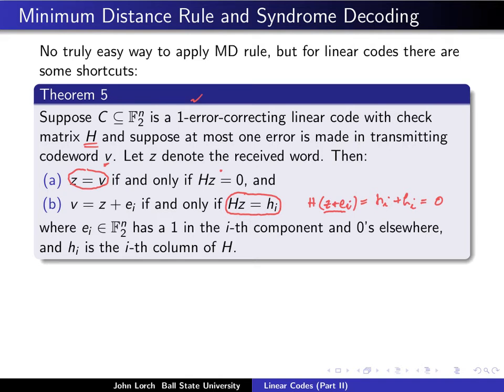And so the only way that the distance between Z plus E_i and V can be less than or equal to 2 is if they're equal words to begin with. And likewise, if you assume V is equal to Z plus E_i, and you apply H to both sides, you'll wind up with this property, that H times Z must be the ith column of H.